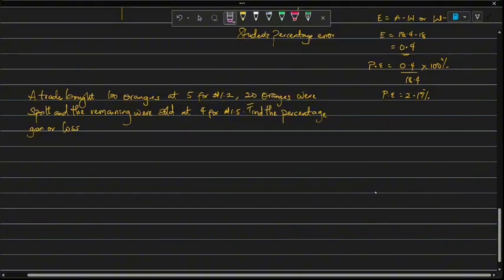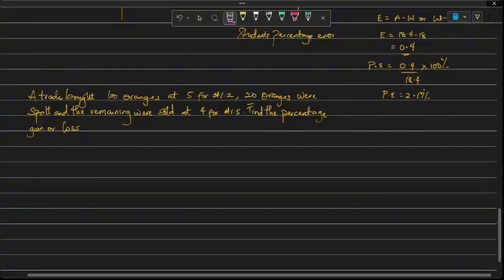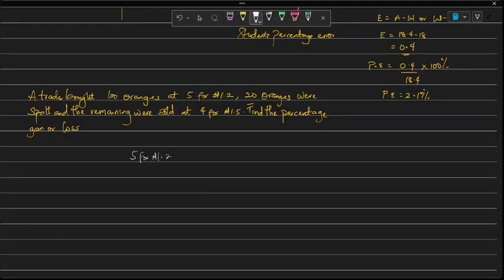Alright, now look at it. They said a trader bought oranges at 5 for 1.2 naira. So let's take it little by little. If I buy 5 for 1.2 naira, then how much will 1 be? Then 1 orange will be equal to 1.2 divided by 5.